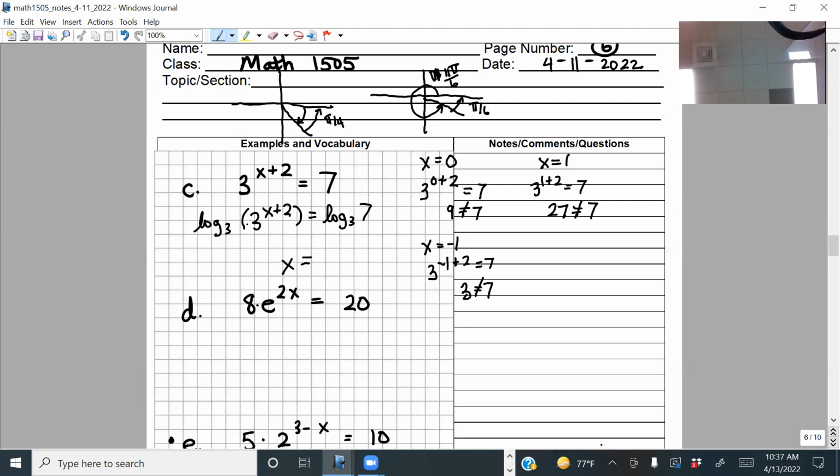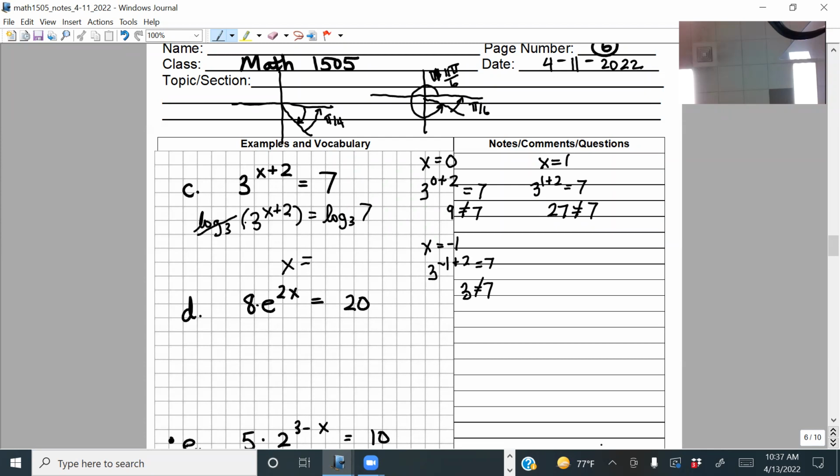What happens on the left-hand side? By design, what's going to happen? Yeah, that's right. These things are going to cancel each other, right? This is the base 3 exponential function. Its inverse is the log base 3 function.